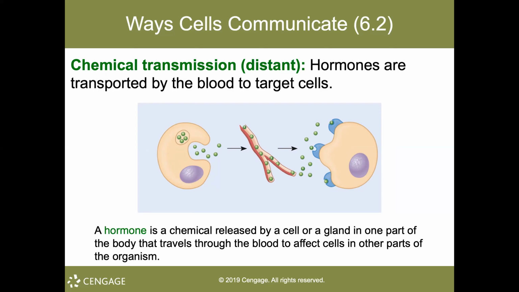These are going to diffuse into capillaries, and then these are transported to target cells that are located in the blood. So an example for distant transmission would be your hormones, okay? Hormones have to travel in order to get to their target cells. They're going to be transported by the blood to the target cell.